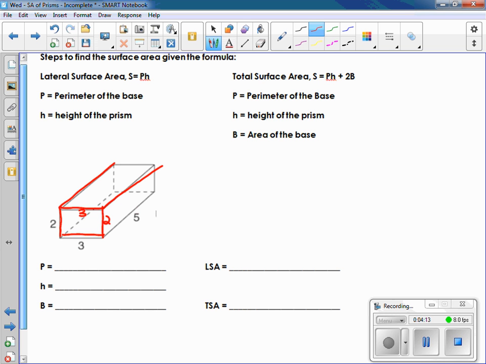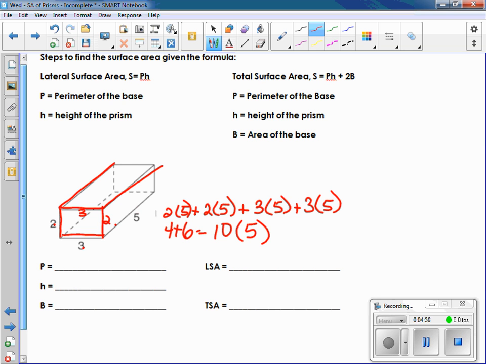So really, instead of doing 2 times 5 plus 2 times 5 plus 3 times 5 plus 3 times 5, what I can really do is say, okay, 2 plus 2 is 4, 3 plus 3 is 6. So that's 10. That's my perimeter. 10 times 5 is 50. So perimeter times the height of the prism.